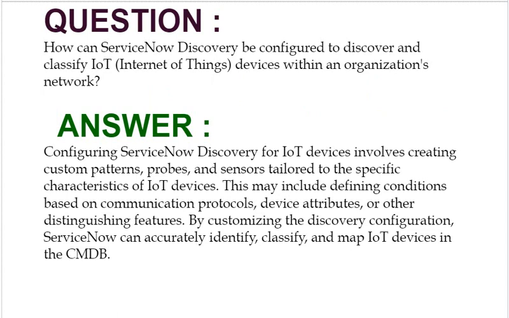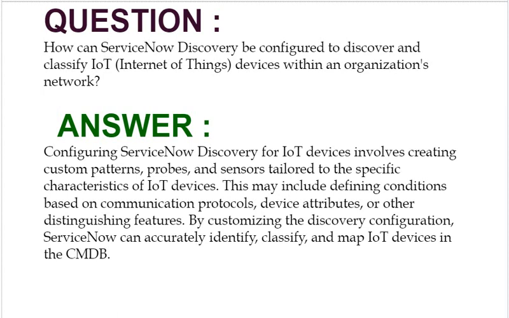Our interview question based on ServiceNow, Service Mapping and Discovery is: how can ServiceNow Discovery be configured to discover and classify IoT, Internet of Things devices within an organization's network? Your answer should be: configuring ServiceNow Discovery for IoT devices involves creating custom patterns, probes, and sensors tailored to the specific characteristics of IoT devices.